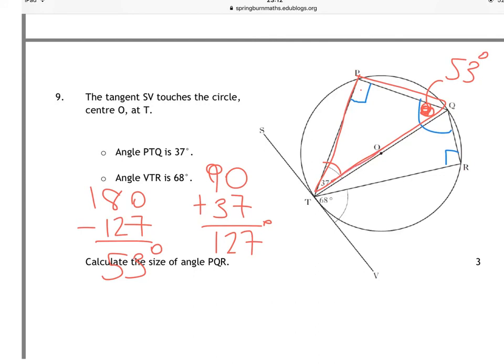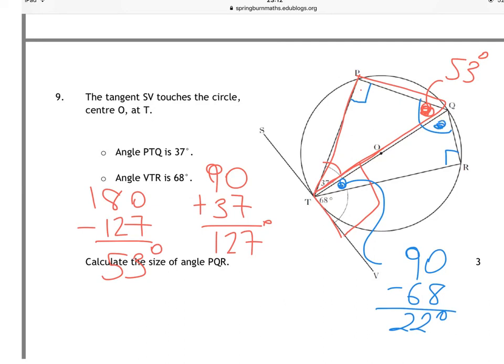I've got the radius meeting the tangent here, so that must be 90 degrees, which means I can now find this small angle in here, which is 60 from 90, and that's 22 degrees. So I've got 22 degrees here, I've got the right angle, and I can work this one out.